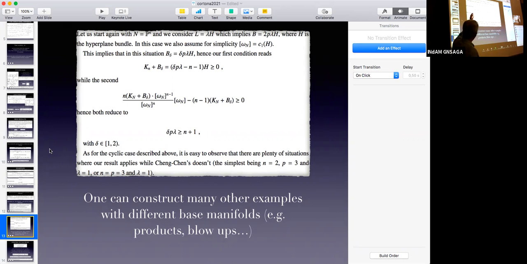So let's play the game with P^n again as base manifold. Again, we take lambda L, this line bundle that builds the whole theory of the covering, lambda H for some lambda. And so now the branch locus is, remember, the zero locus of a section of 2pL, so that has to be 2p lambda H, with H the hyperplane bundle.